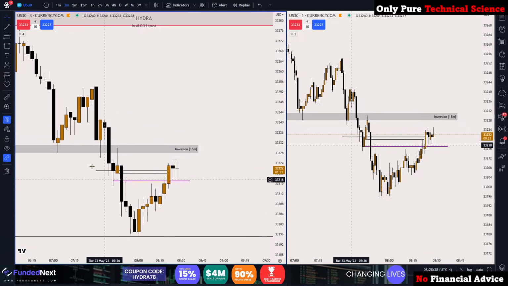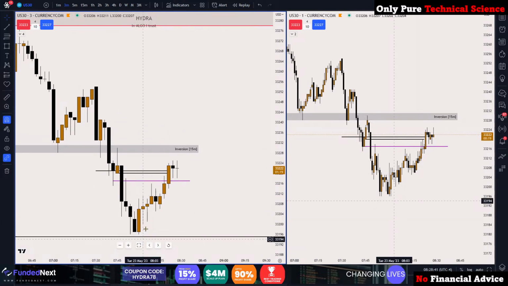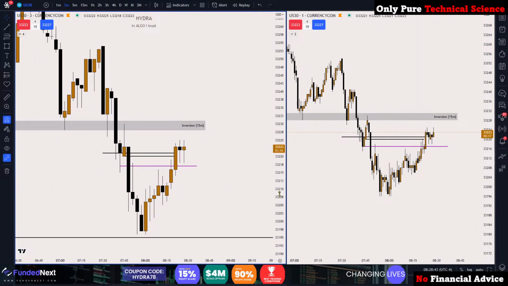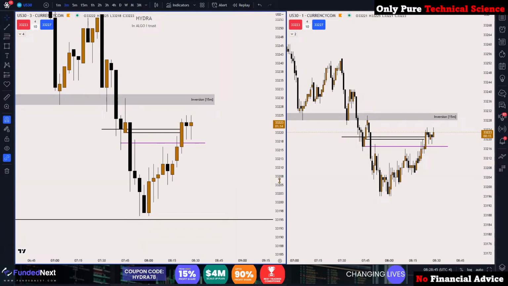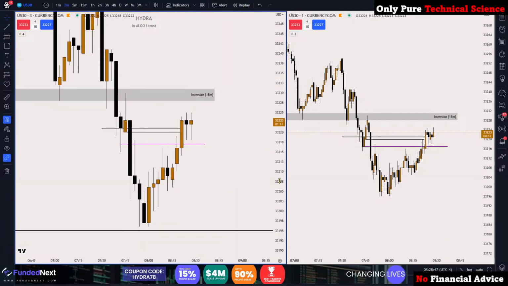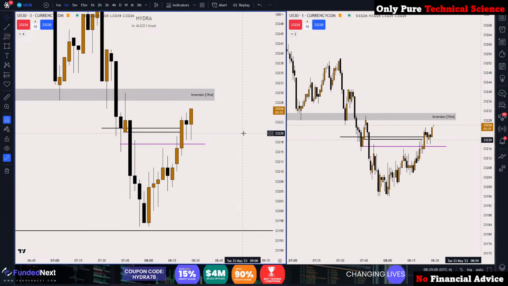I'm not gonna buy anywhere until price takes out these relative equal lows. So that's my bias. I'm not like the people who change their bias. My analysis relies on the higher time frame. The narrative comes from the higher time frame, and the execution happens on the 3-minute and 1-minute chart based on the narrative from the higher time frame.